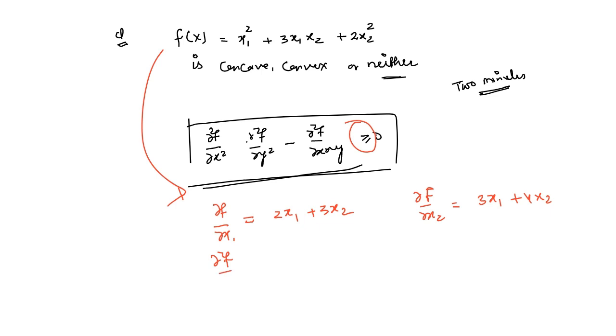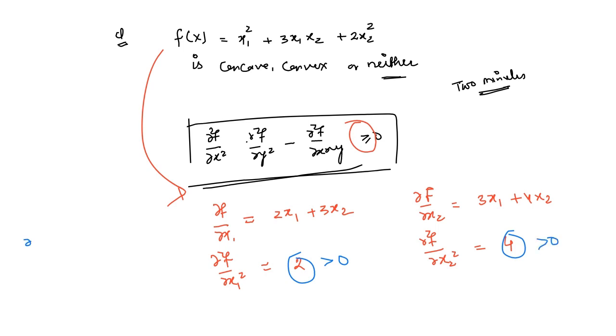Del square f upon del x1 square gives us 2, and del square f upon del x2 square gives us 4. So you can see both values are constant: here is 2 and here is 4. So this value is always greater than 0, and this value is always greater than 0.